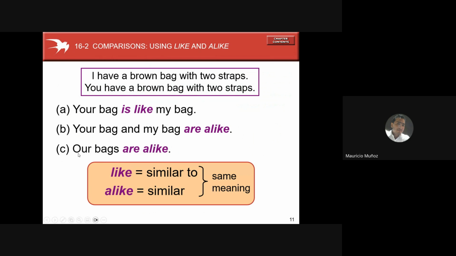And letter C, our bags are alike. Good job. So in this case, we use like, that means similar to, and alike, similar. We use like in the middle of a sentence, but the word alike might be placed at the end of the sentence.